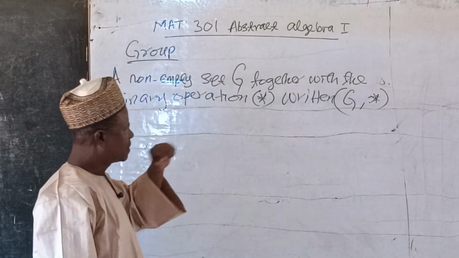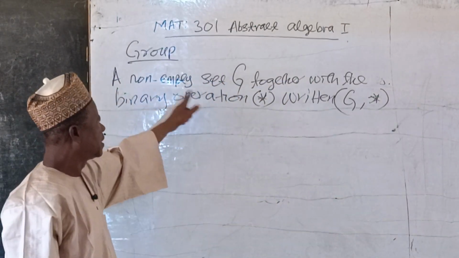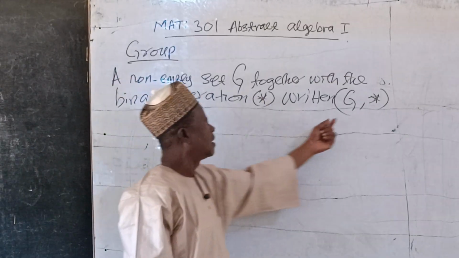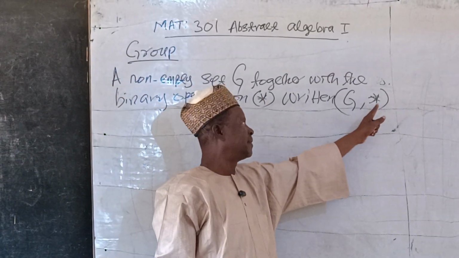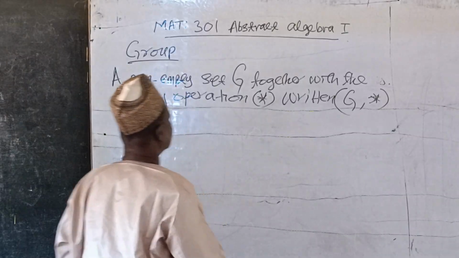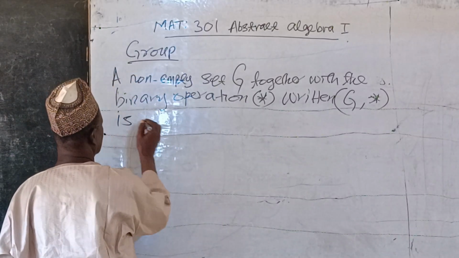So you have a non-empty set G, and you now pair it with a binary operation star. Then you say it's called a group.